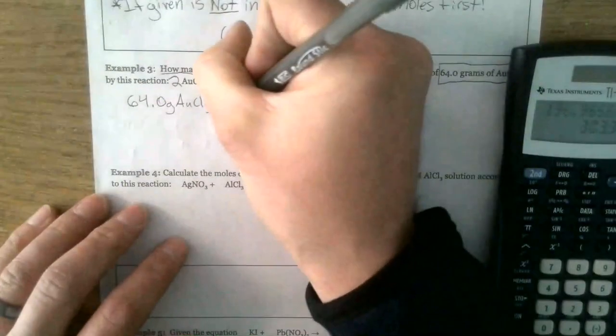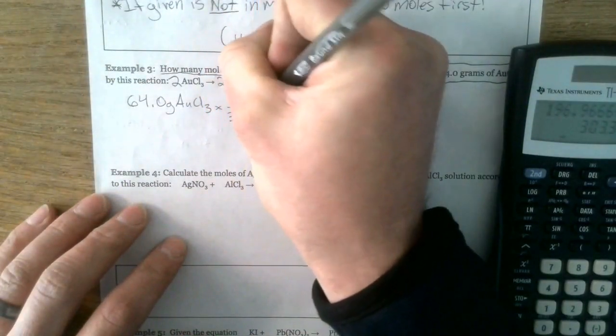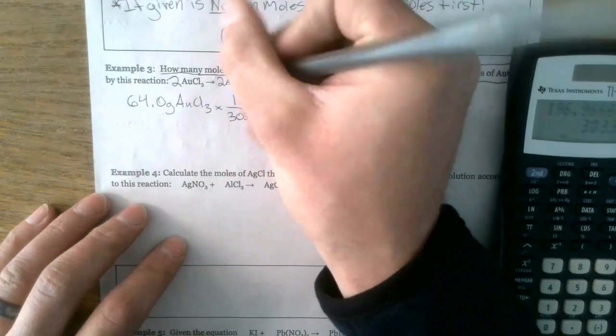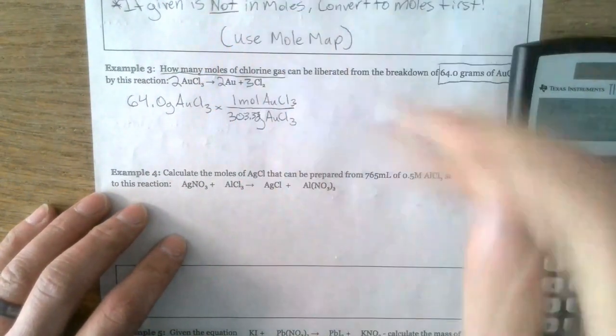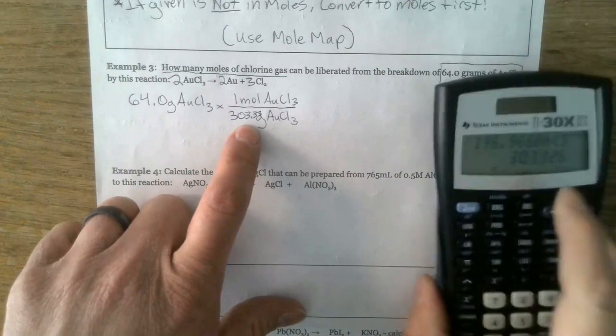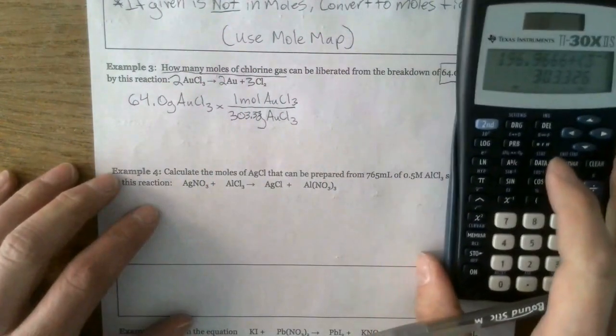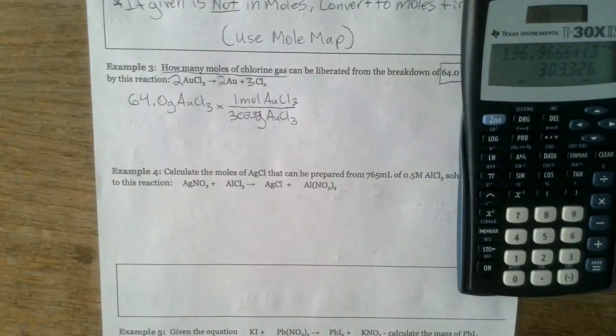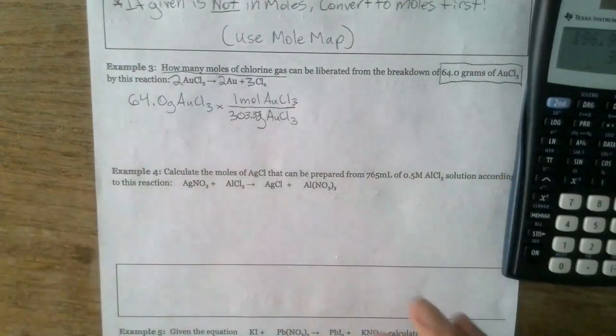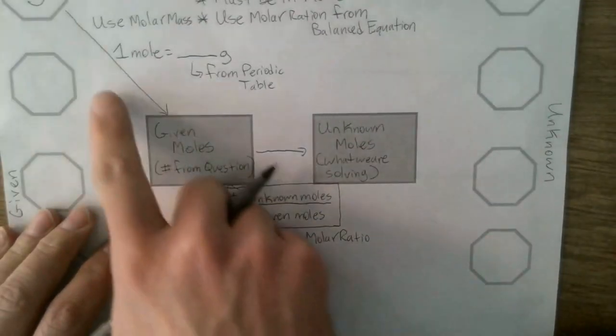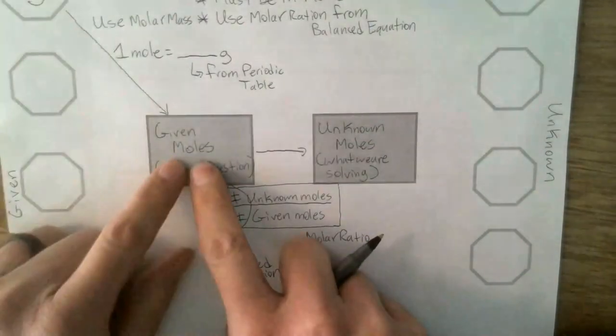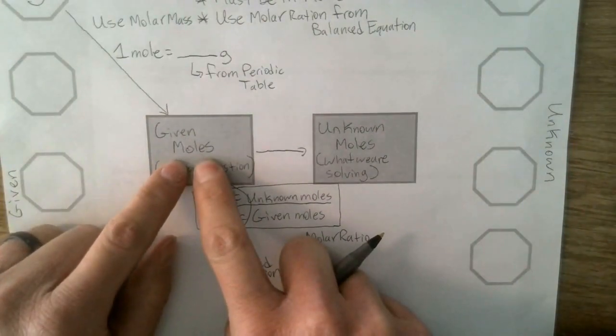So we can round that to 303.33. Now we're not done yet. We're at moles of gold 3 chloride, AuCl3.